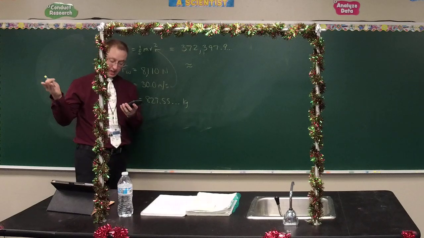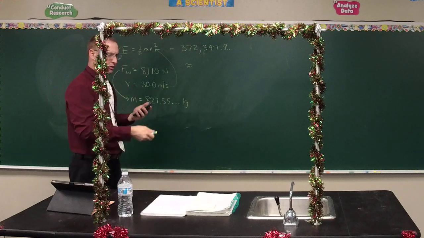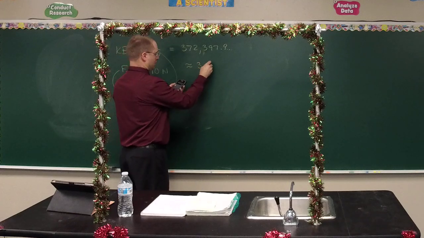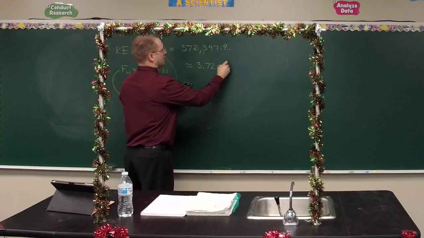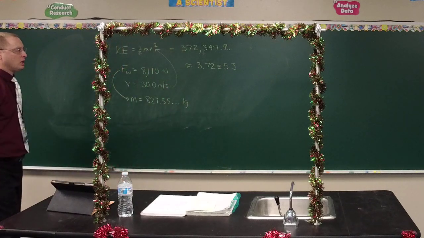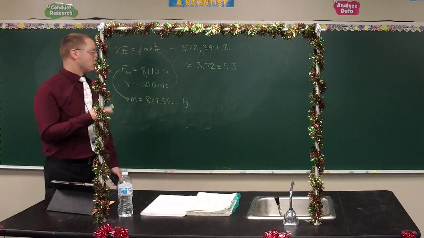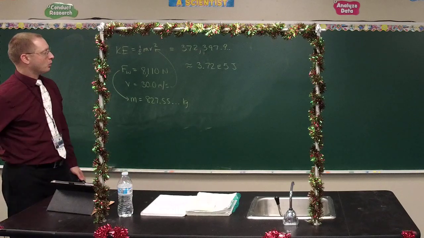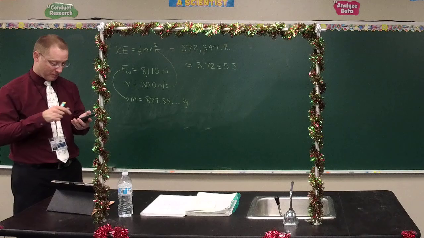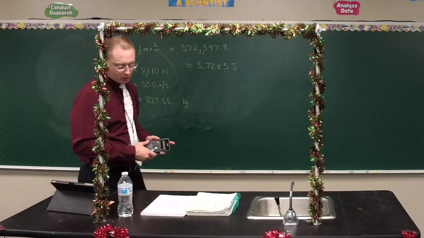Second function, SCI, that's the 5 button for you two ladies. Michael, it's a little bit different for you, but 3.72 E5 joules is our answer. Not wrong to say 372,000 joules or 372 kilojoules, but it's a big number, so second function, scientific notation. Questions on number 1?